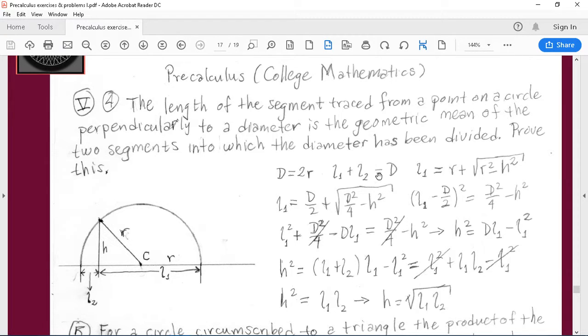So d equals L1 plus L2, we replace that here, we multiply L1 times L1 and L1 times L2, and we have that L1 squared plus L1 L2 minus L1 squared equals h squared. We cancel out these two terms, and we have that h squared equals L1 times L2, and therefore that h equals the square root of L1 times L2.